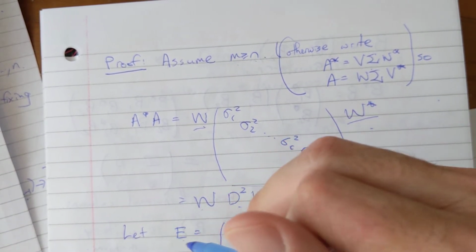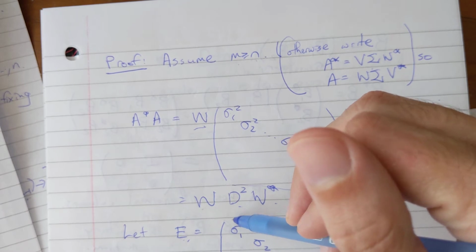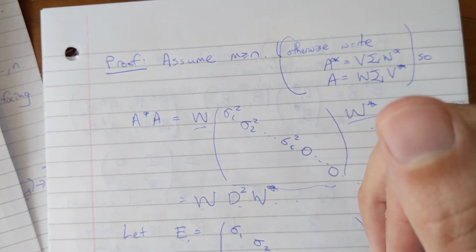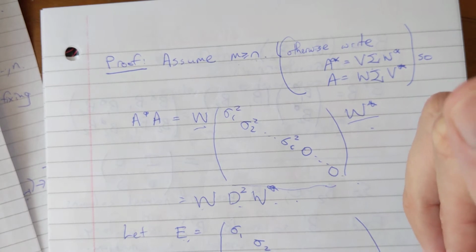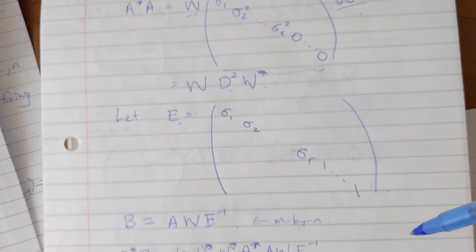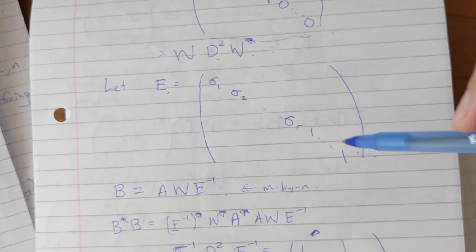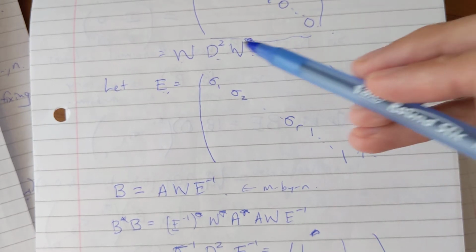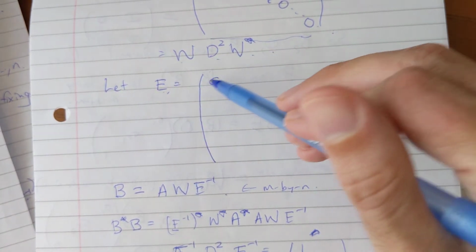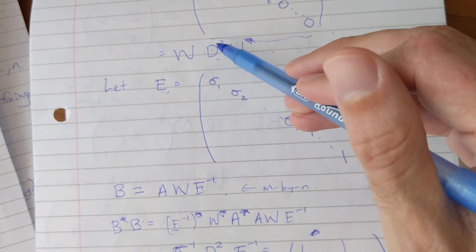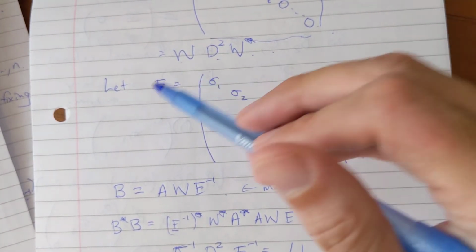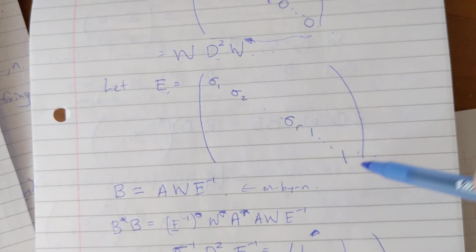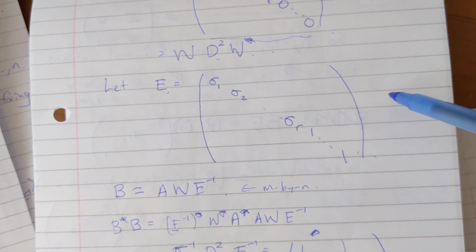We make a new matrix E that has the singular values of A followed by all ones. So in the top left corner, E and D are the same, and in the bottom right, D has all zeros, but E has the identity matrix. And E is again an N by N matrix.